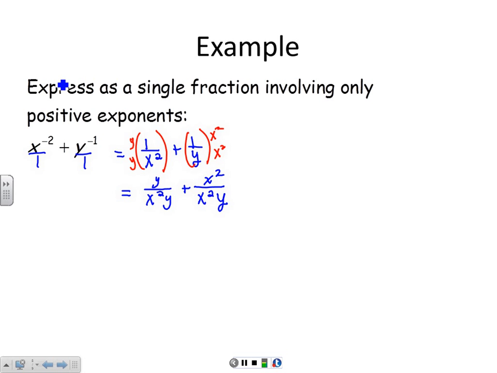And again, we covered that in chapter 4. So now to make a single fraction, one fraction, we're going to have y plus x squared over x squared y. And if you want to write it in descending order, x squared plus y, that's fine. But this will not reduce. This is a group, so you can't cancel anything out. So that's going to be your answer.